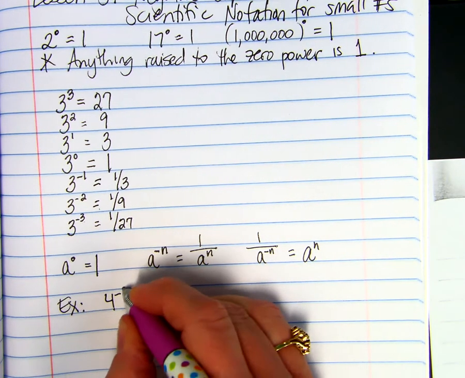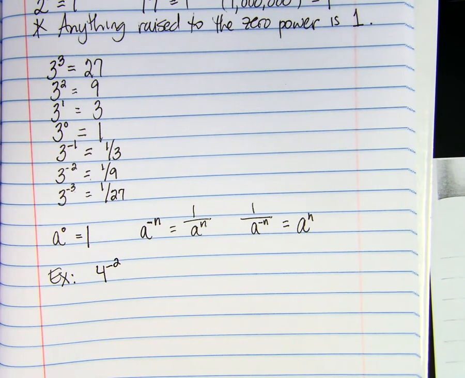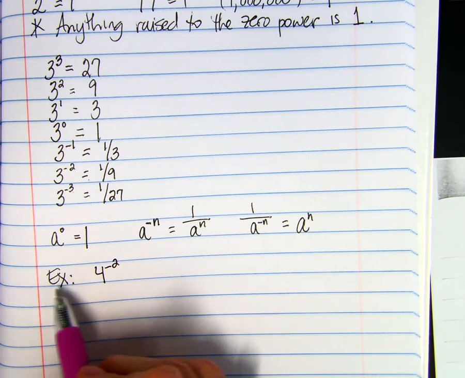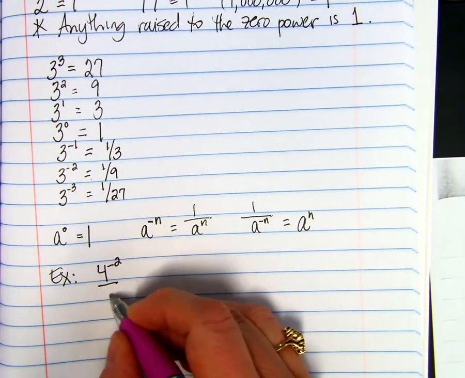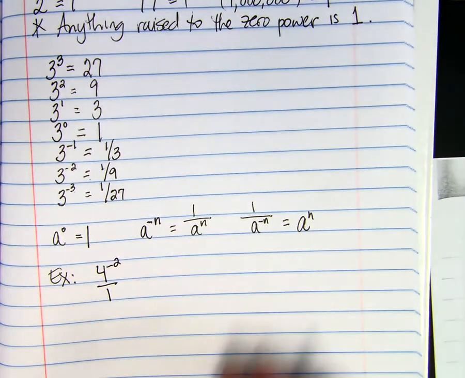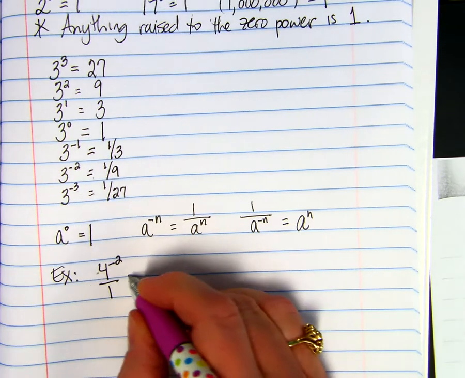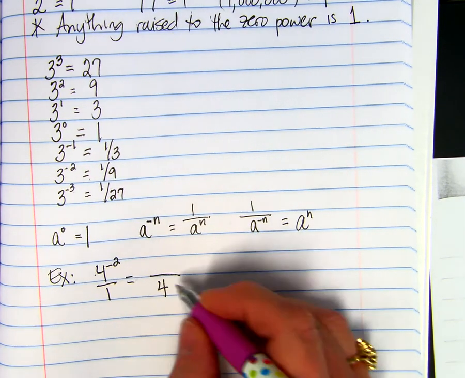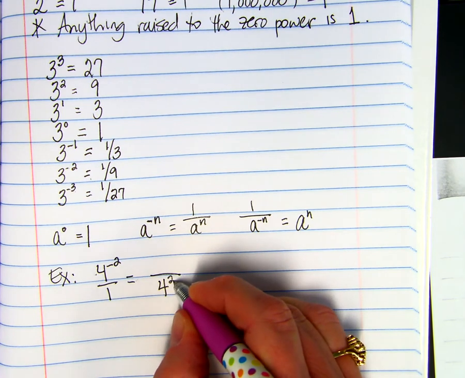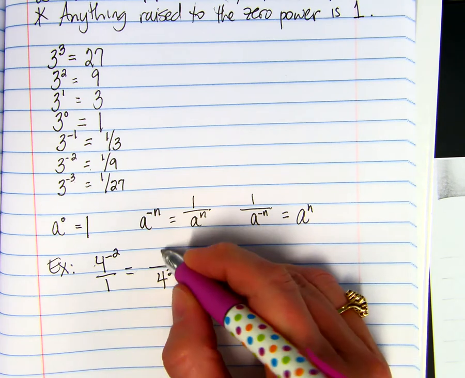4 to the negative 2. We want to write this using fractions. If you think of it as a fraction, we move the 4 to the denominator and change the exponent to a positive 2. And then what goes up here is just a 1.